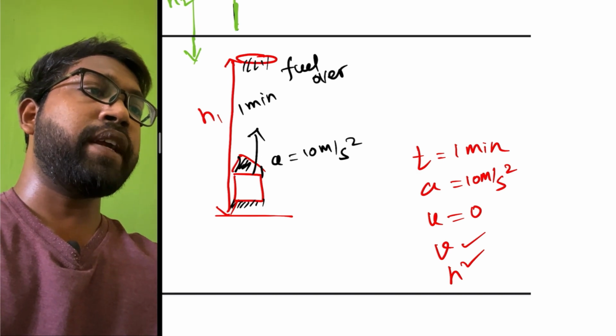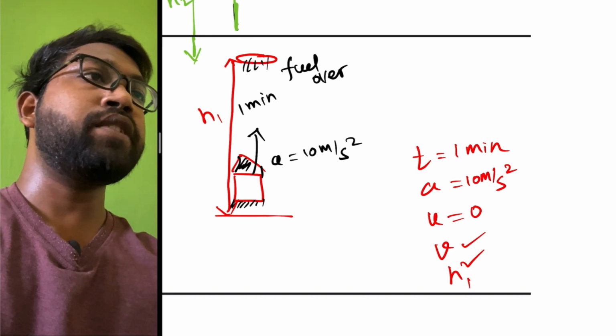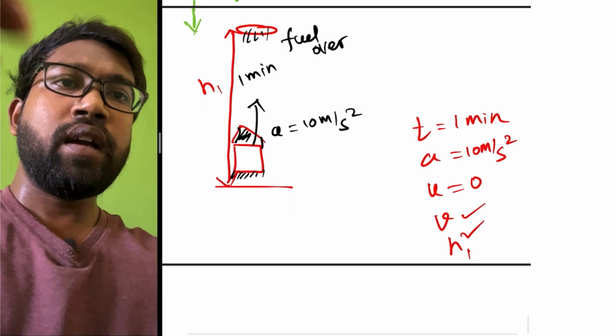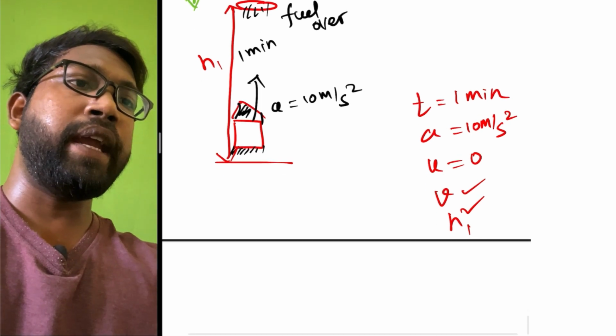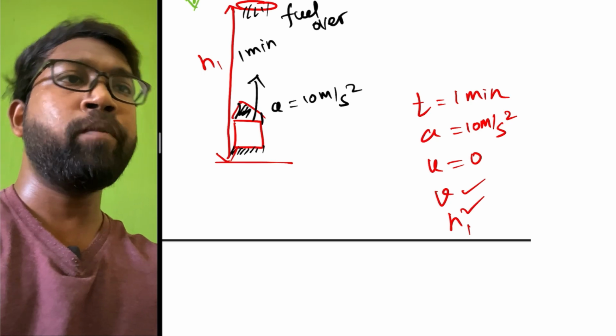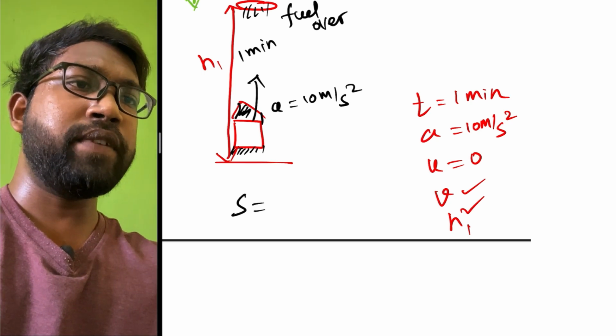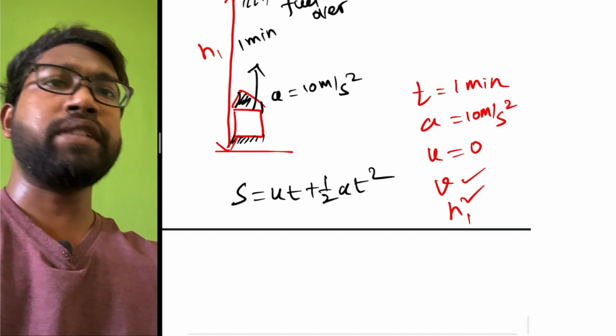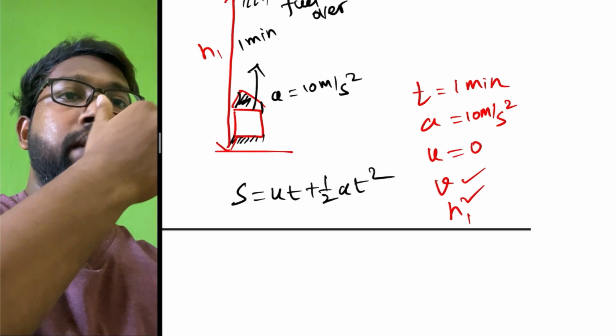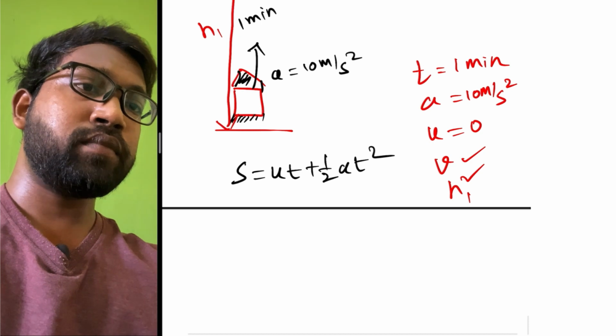So first our target is to find h1. For that I want to take the help of a kinematic equation. Let me take the third equation, s equal to ut plus half at square. This is the equation you got, right? From that I replace s with h1.